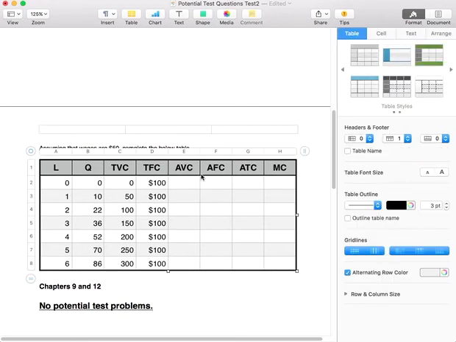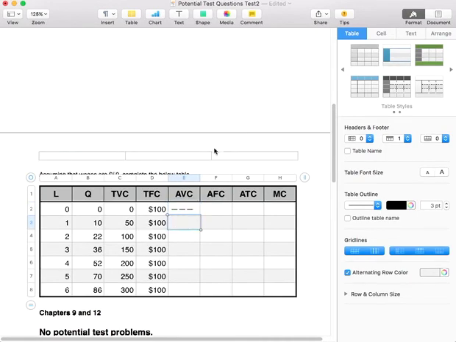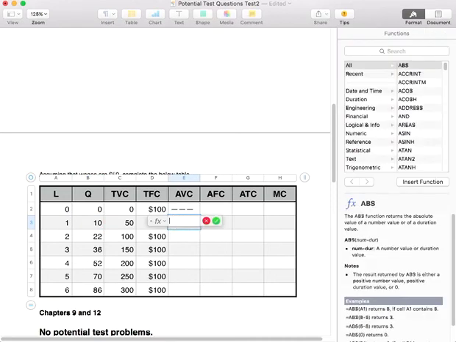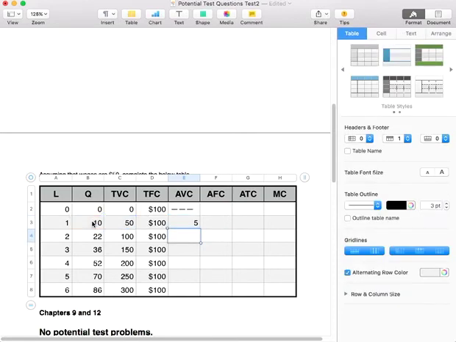All right, our average variable cost is going to be indeterminate here because our quantity is going to be equal to 0. For this one, our average variable cost is just going to be variable cost divided by Q. So I could put the formula in here that we're going to have variable cost divided by Q. So 50 divided by 10 gives me 5 for my average variable cost.